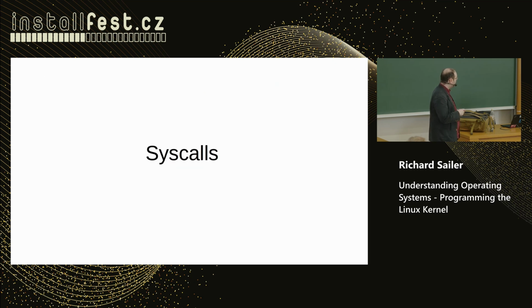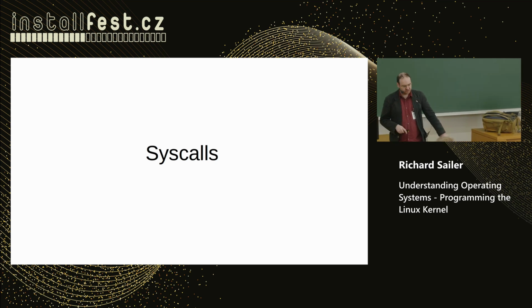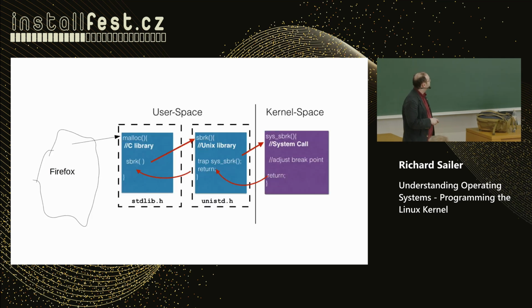So now a bit more about system calls, the softer way to get into the kernel and get kernel code executing. Here we have an example in Firefox. For you, a system call looks like a normal library call. You have malloc here. Internally, the C library sometimes does another call, here it's brk.